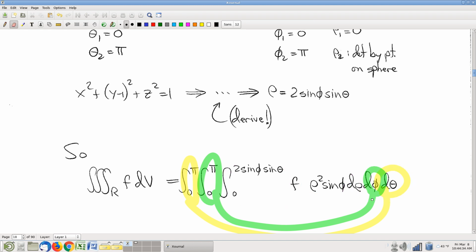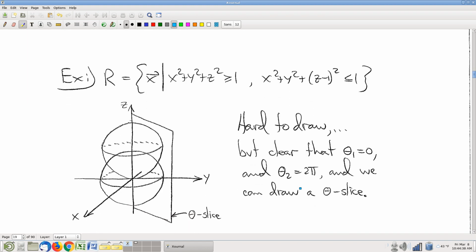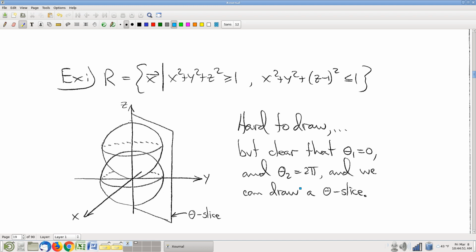Okay. Last example I'm going to do in spherical coordinates, then we'll go on to the next thing. This one's a really tough draw. The picture that I've drawn here is really not thorough. I don't know how to do better, but that doesn't mean this is good, right? So the question is, we're looking for points that are outside of this sphere.